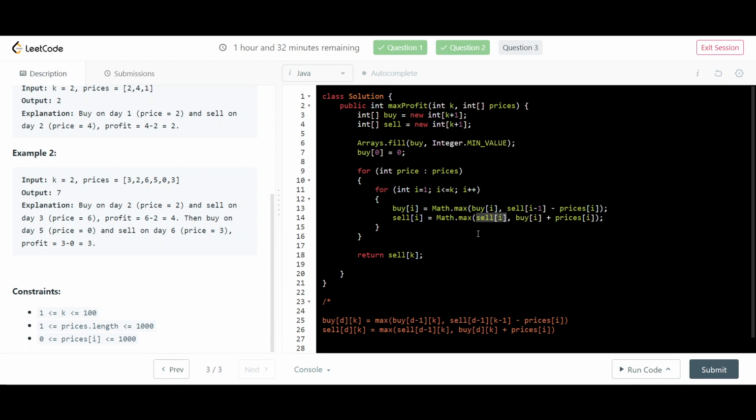Sell of d, I... could this cause a problem where buy of I is utilizing sell of I minus 1?